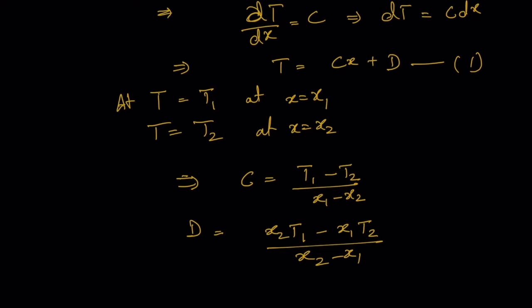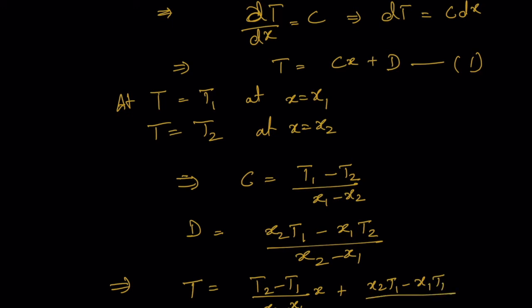So final temperature, if you will calculate, you can write T equals T2 minus T1 divided by x2 minus x1 into x plus x2 T1 minus x1 T2 divided by x2 minus x1.